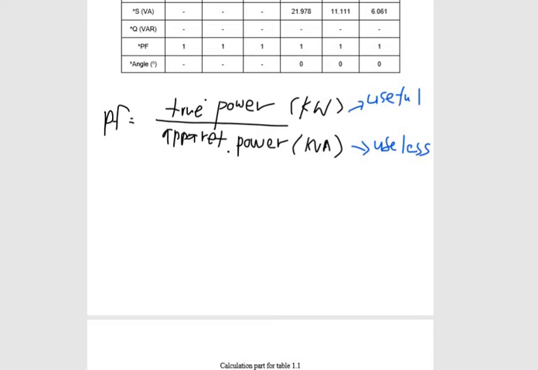The power factor can be illustrated by the power triangle, which is this true power, this is apparent power, while this is reactive power.